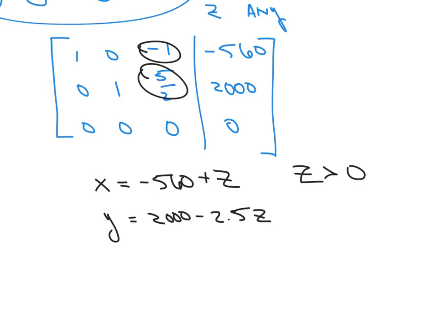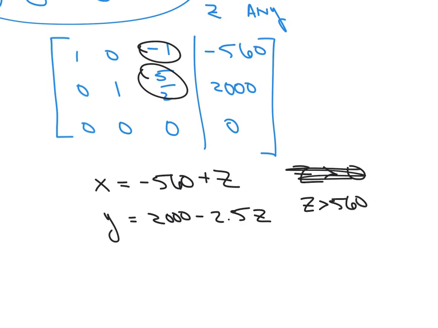And if you start putting numbers in here, you find out that if z is a number like 10, when we add it to -560, we get -550. And x represents volume, so volume can't be negative either. So not only does z have to be bigger than 0, it also has to be bigger than 560.